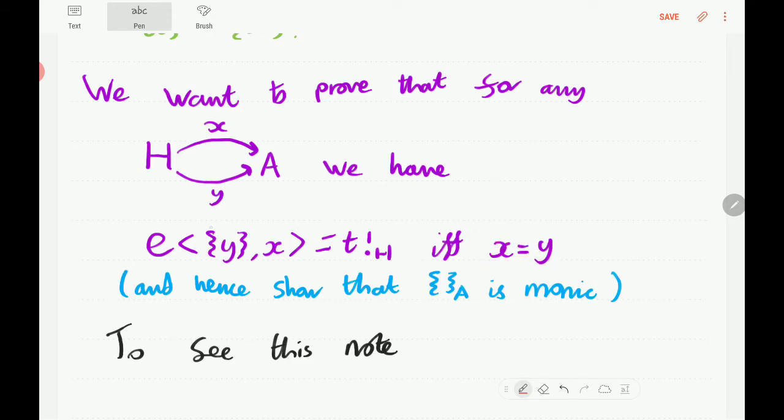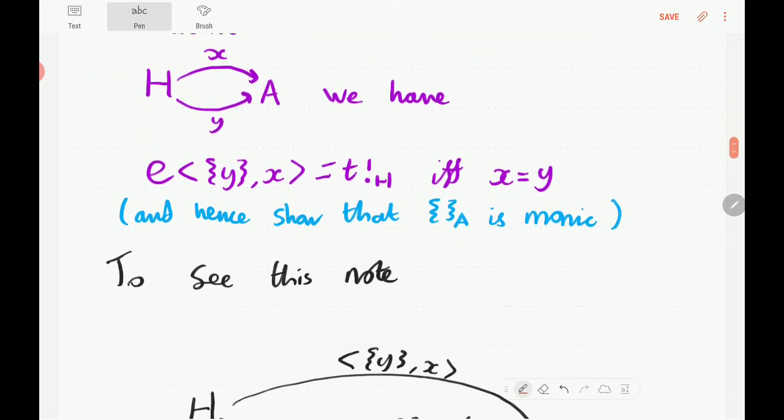So basically what this is saying is that x is going to be in the sub-object corresponding to this precisely when these two arrows, x and y, are equal. So it's helpful to think about this in the case of a category of sets when capital H equals 1, but this is obviously much more general.